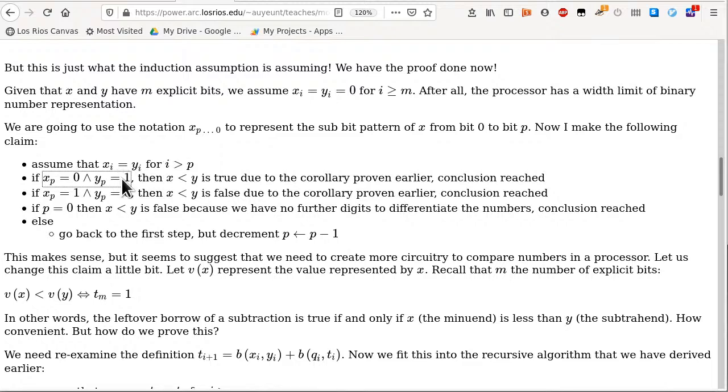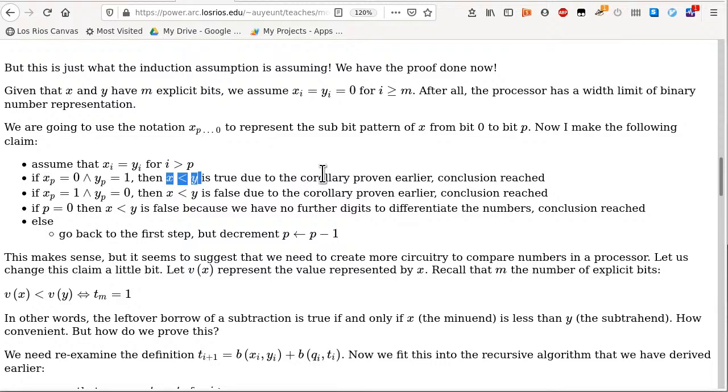So this is the first bit that is different, if you're moving from left to right, between x and y. So at this time, I can already conclude that x is less than y. I don't need to look at the other bits. I can already conclude that x as a bit pattern is representing an unsigned value that is less than the unsigned value that y is representing.